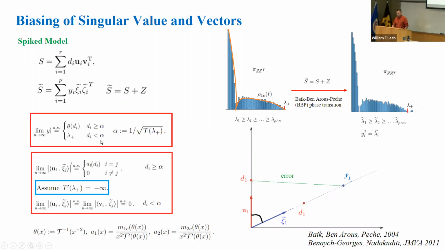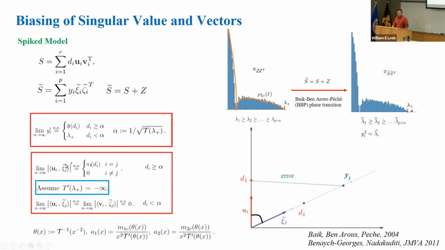But if your signal is too small, smaller than the threshold alpha, then it converges to the rightmost edge, lambda plus. So a strong signal will pop out here, but a weak signal will almost surely converge to the rightmost edge lambda plus.